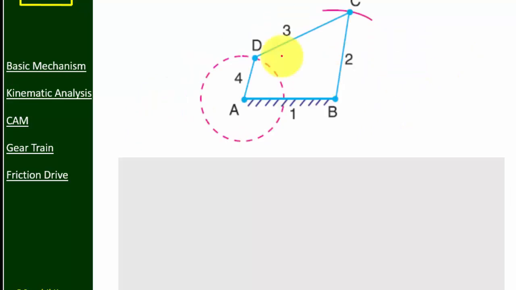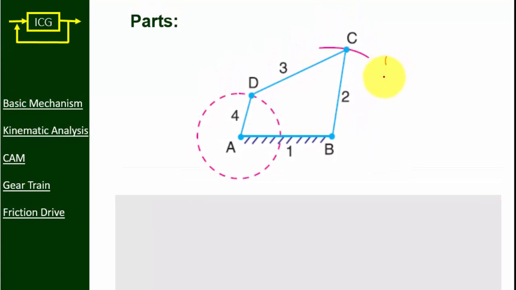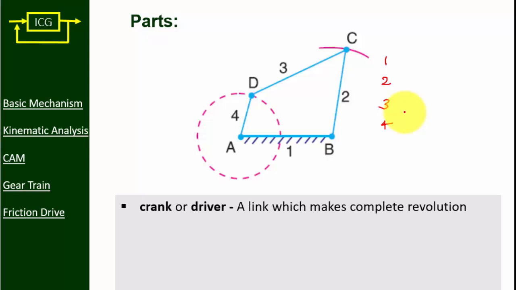Let us see the parts of the 4-bar mechanism. Totally there are 4 parts, 4 links: 1, 2, 3, 4. Link 1, the frame, the fixed link. Link 2, the crank. It is a link which makes a complete rotation about a fixed point.